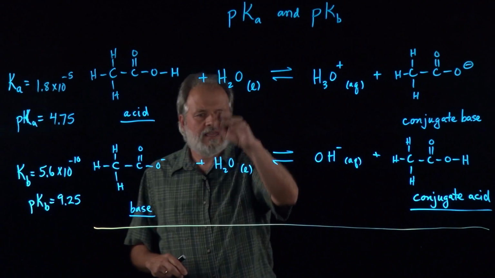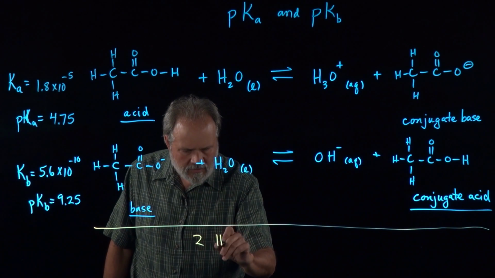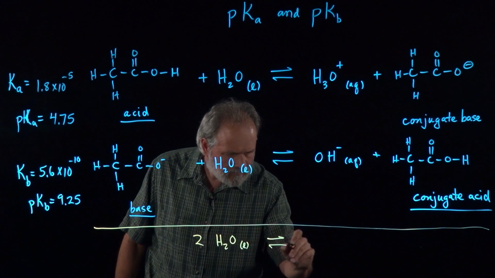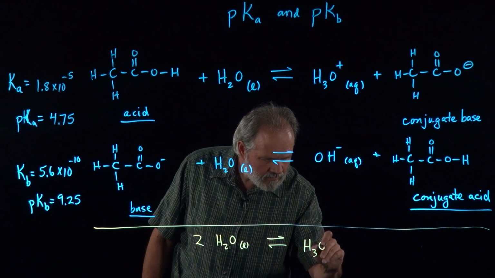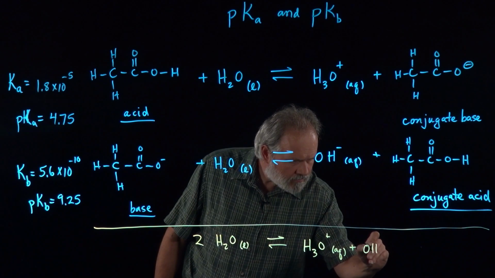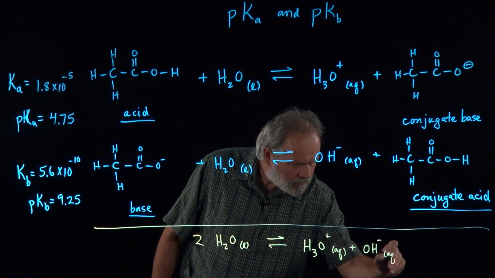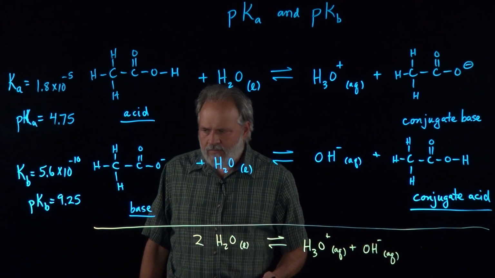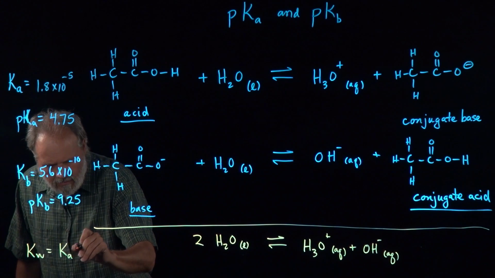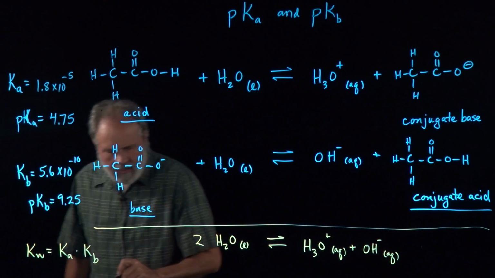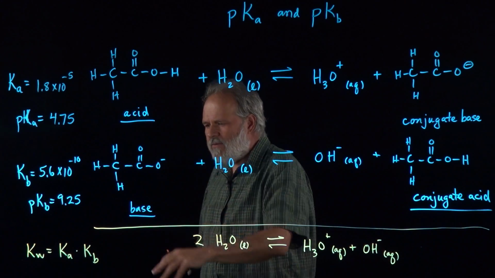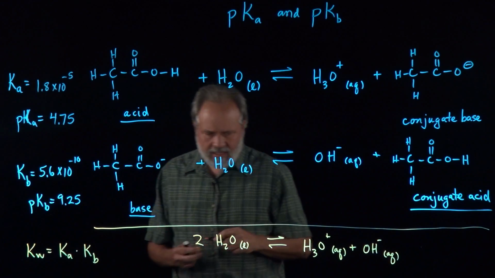And the only thing that does not cancel is 2 water going to H3O+ and hydroxide. This is the equation for Kw. And since this reaction's K must be the product of these two Ks, this K is Ka, this is Kb, then Kw must equal Ka times Kb.